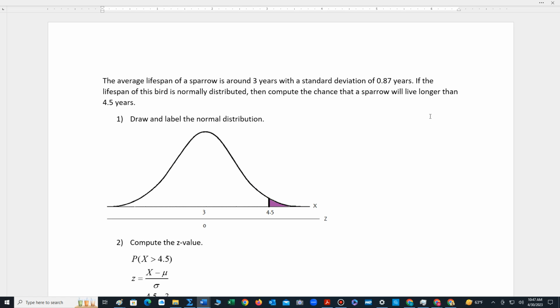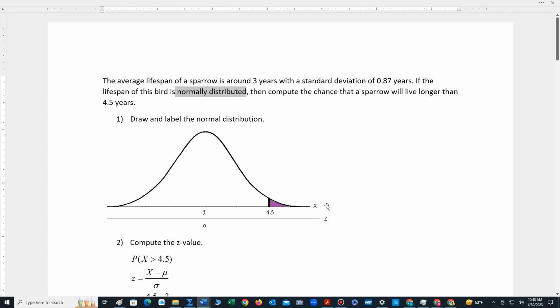It states that the average lifespan of a sparrow is around 3 years with a standard deviation of 0.87 years. If the lifespan of the bird is normally distributed, so that's informing us that we can use the normal distribution to compute the probability that the sparrow will live longer than 4.5 years.